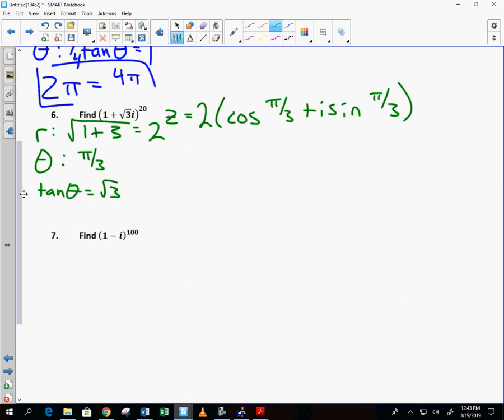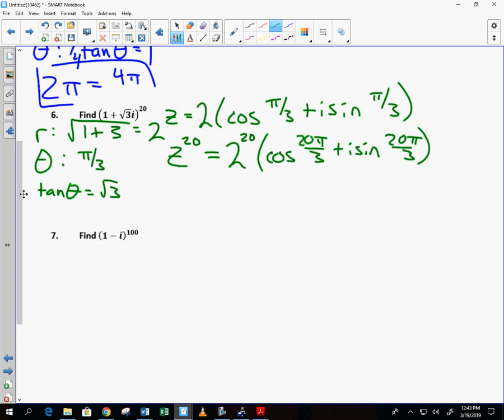Take it to the 20th. So z to the 20th is, what do I do with the 2? So it's 2 to the 20th times the cosine of 20 pi over 3 plus i sine of 20 pi over 3.